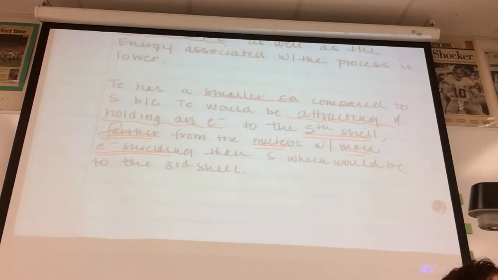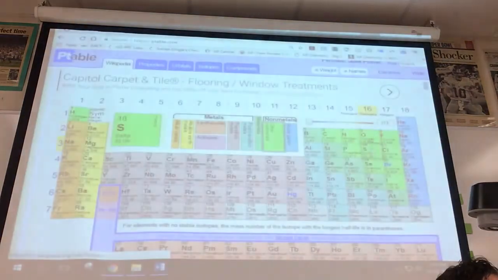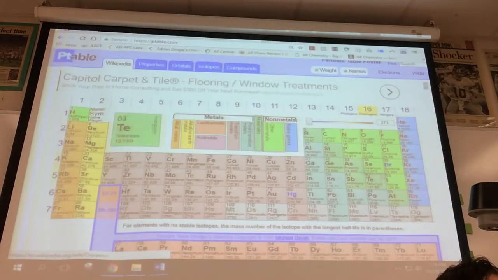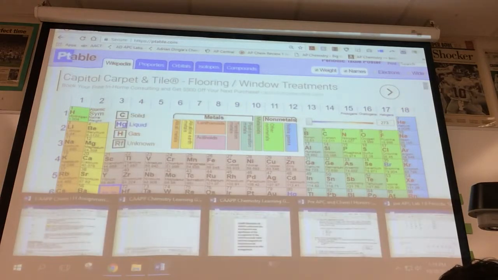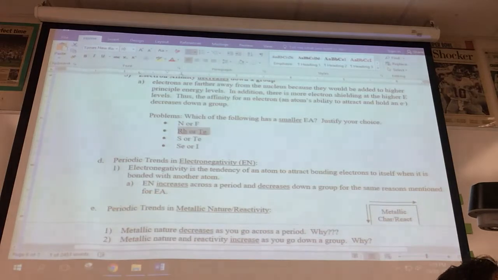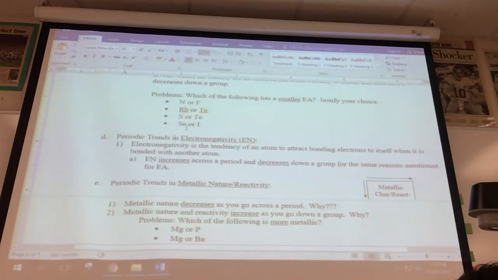Now on your quiz and on your test as well, if I ever ask you to explain, make sure the elements are either in the same group or the same period. If they're not, you've selected the wrong element. If I were to ask a diagonal, and I might ask one on the test, not on the quiz, it's just a multiple choice type question.